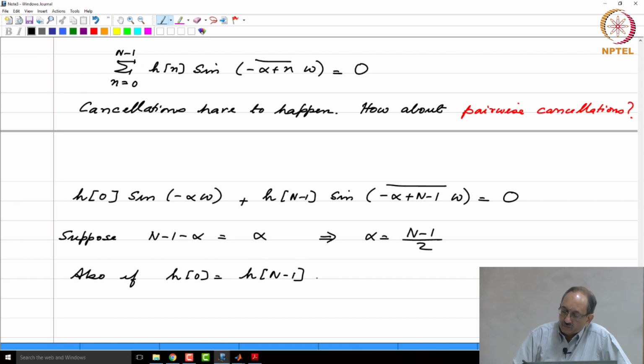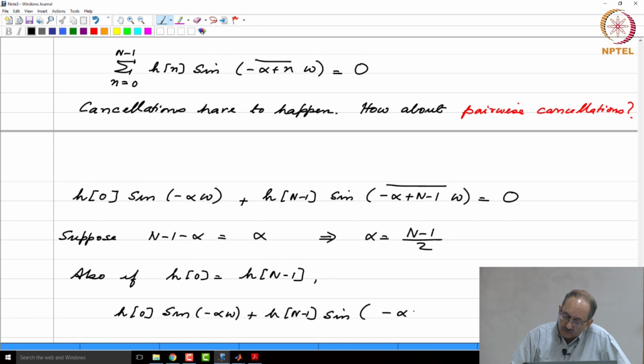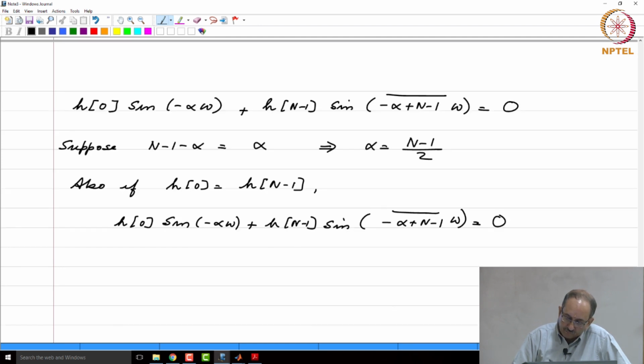Therefore, h of 0 sine minus alpha omega plus h of N minus 1 sine minus alpha plus N minus 1 omega equals 0 under these two conditions, alpha equal to N minus 1 by 2 and h of 0 equals h of N minus 1.